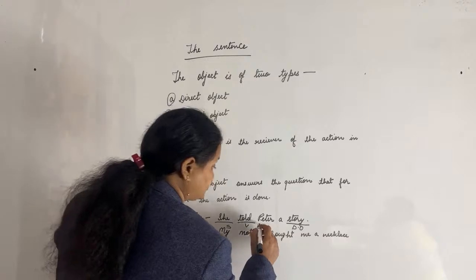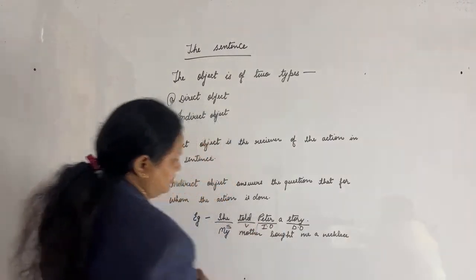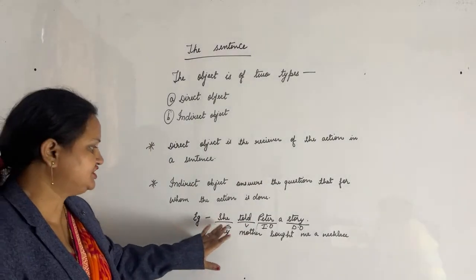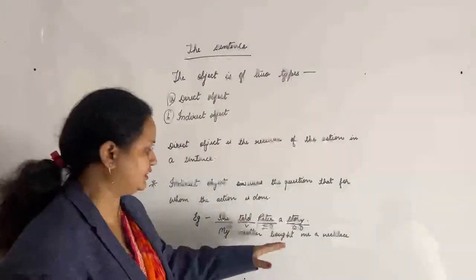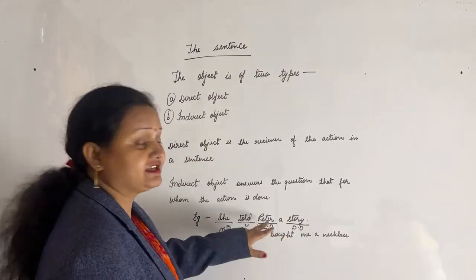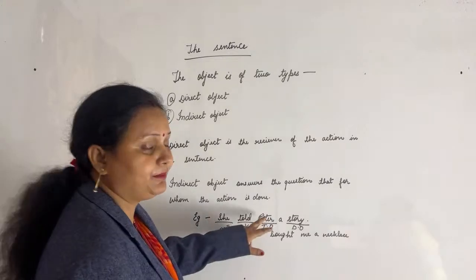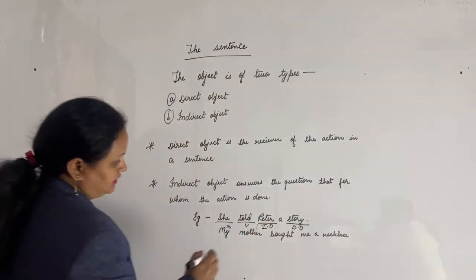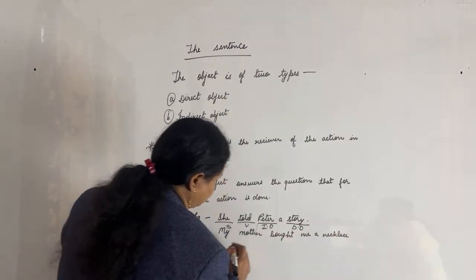She is telling the story to Peter, so Peter is indirect object.